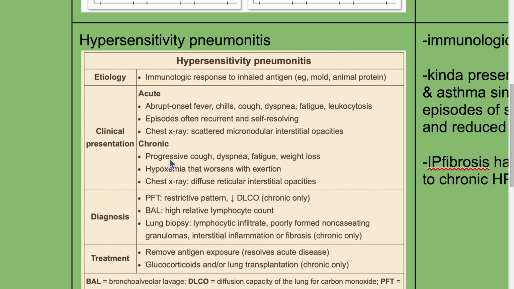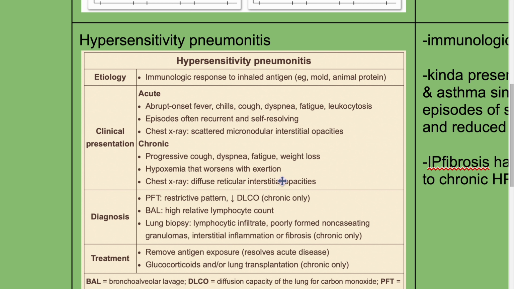And then in chronic, you get progressive cough, dyspnea, fatigue, and weight loss as well. Usually weight loss is malignancy or something like that, or hypothyroidism, right? But here you get weight loss as well, so remember weight loss in hypersensitivity pneumonitis.